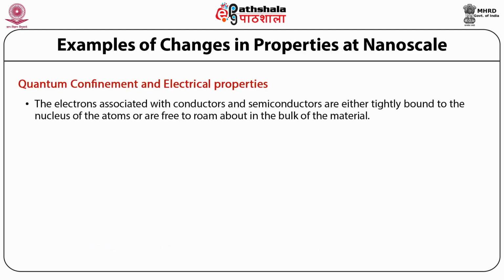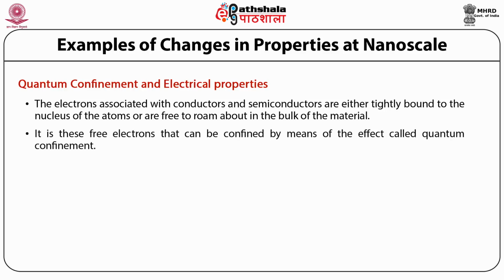The electrons associated with conductors and semiconductors are either tightly bound to the nucleus of the atoms or are free to roam about in the bulk of the material. It is these free electrons that can be confined by means of the effect called quantum confinement.